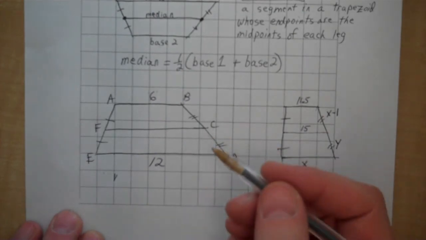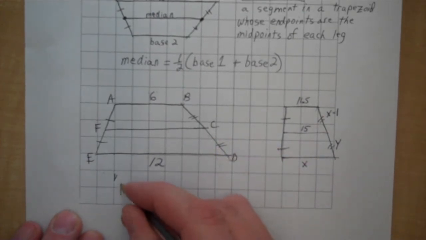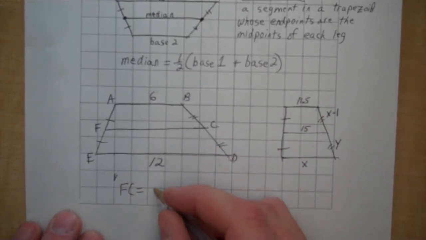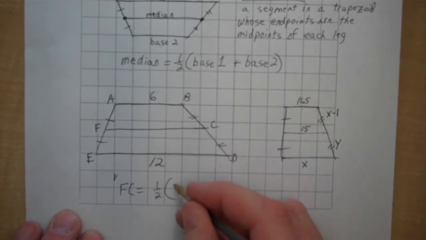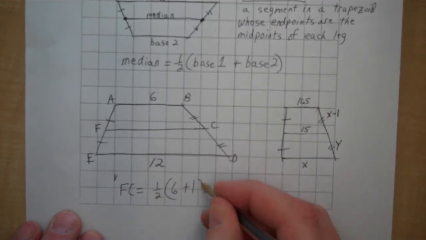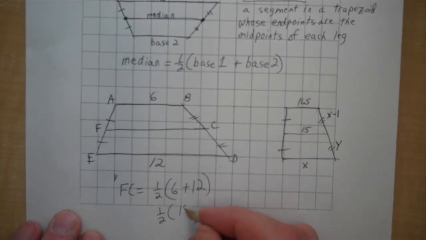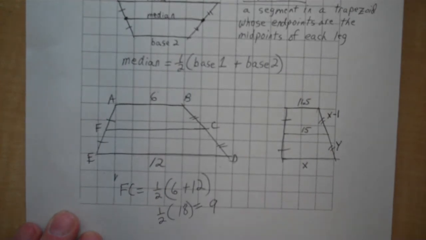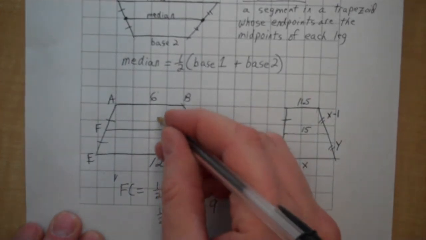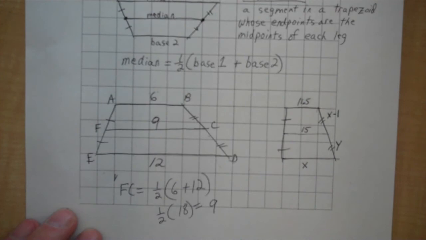So how long is the median? Well, FC, which is the median, would equal half of base 1, 6, and 12, which is half of 18, which equals 9. So our median here is 9.